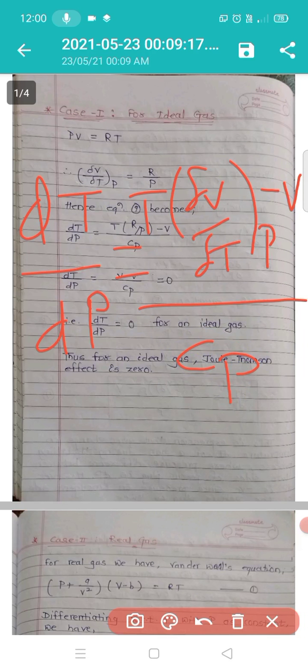This is the expression that gives the change in temperature dT of a gas during the throttling process, where the pressure difference between the two sides of the porous plug is dP.